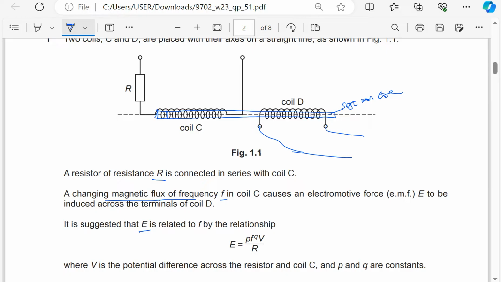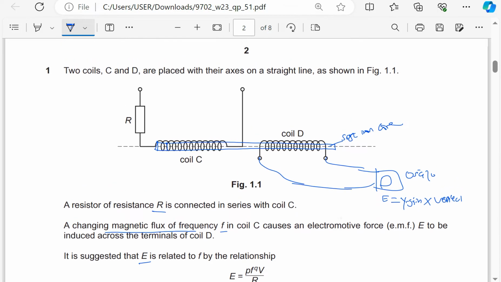Me, I'll put an oscilloscope this side to measure the induced EMF. And remember, how do we find the EMF, or voltage V, from an oscilloscope? It is the Y gain times the vertical distance.